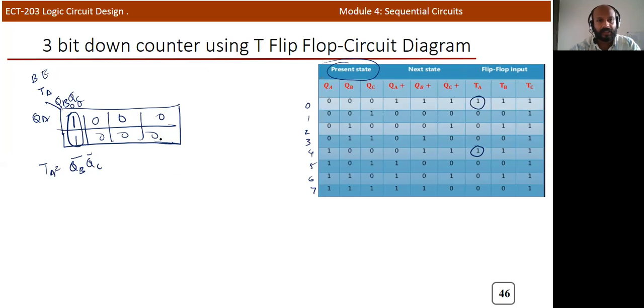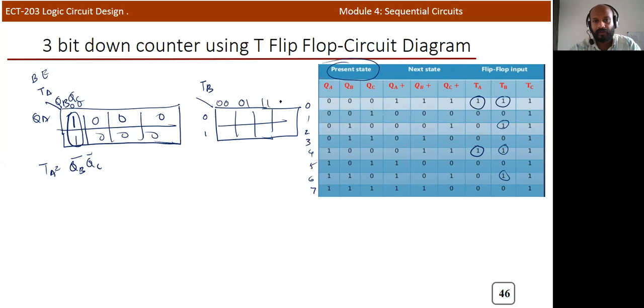Now we need to design TB. To design TB, you know that the 1 cases are 0, 2, 4, 6. So again, we need a K-map.